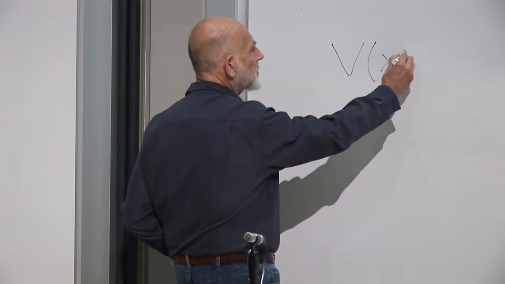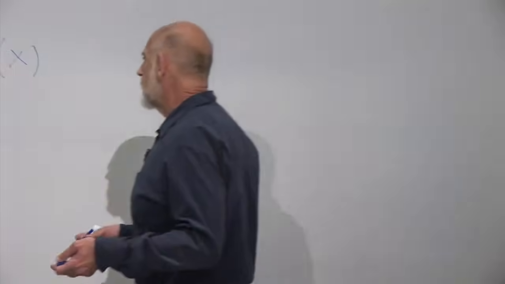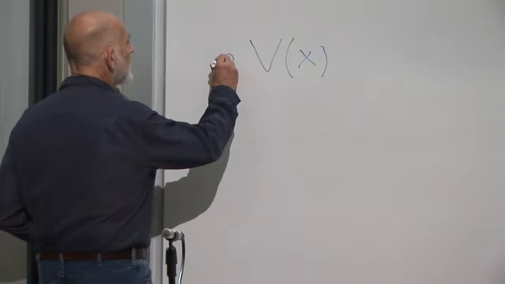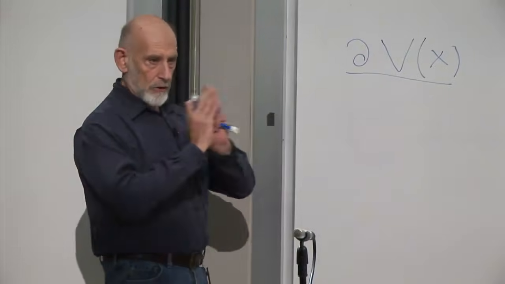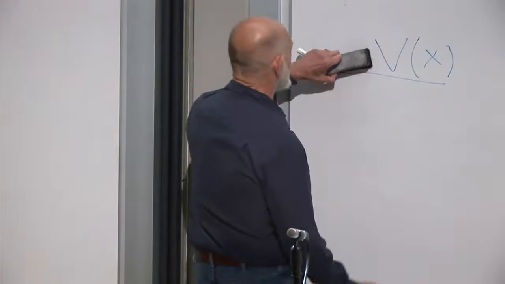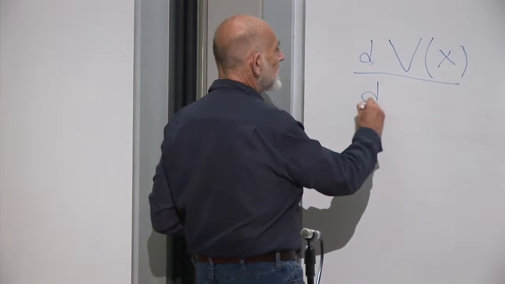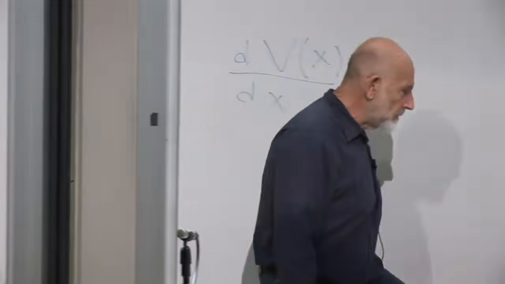Later on tonight I may start calling them q, but for the moment let's just call them x. They could be the coordinates of a particle, they could be the coordinates of many particles. Then the condition that nothing moves is that the forces vanish, which is the same thing as saying that the derivative of the potential vanishes. Let's take the case first of a particle moving on a line: the ordinary derivative of the potential, dV/dx, is equal to 0. That's the condition that the force is equal to 0.